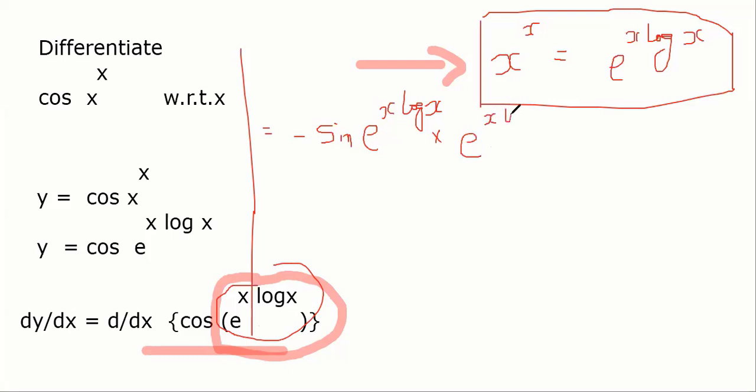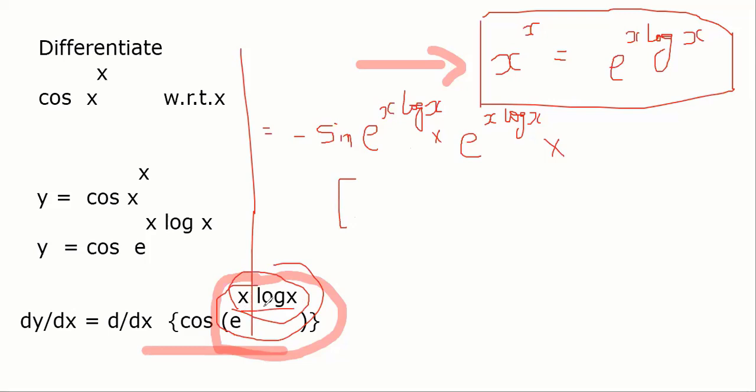Then into, now we will differentiate only x log x, correct? Function of function. We will differentiate x log x. You will use the product rule. So, into, let me write it here, into bracket. What is the differentiation of x log x?